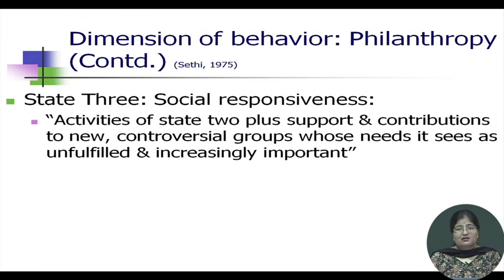Now, this paper was written in 1975. This table that I have presented in paragraph form to you is still very, very relevant to the way organizations perceive the state that they are in and the activities related to those states.